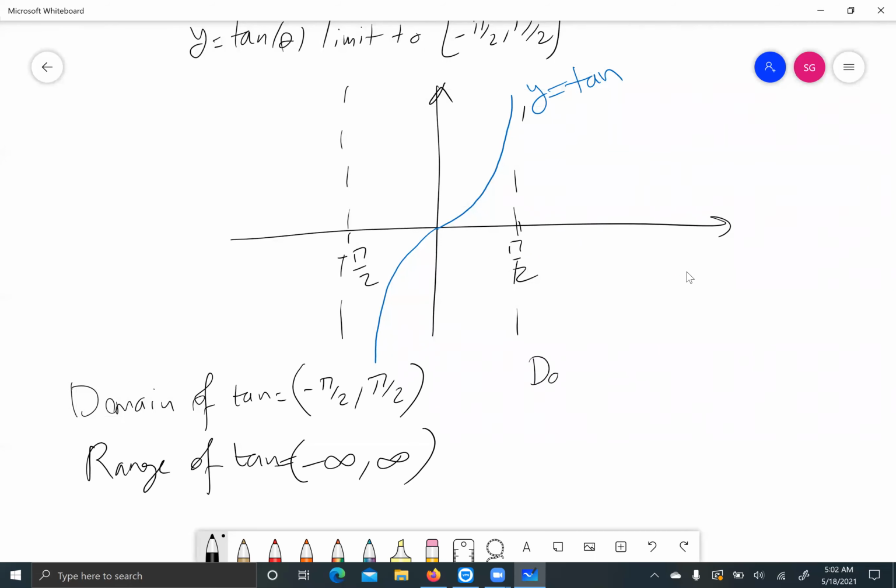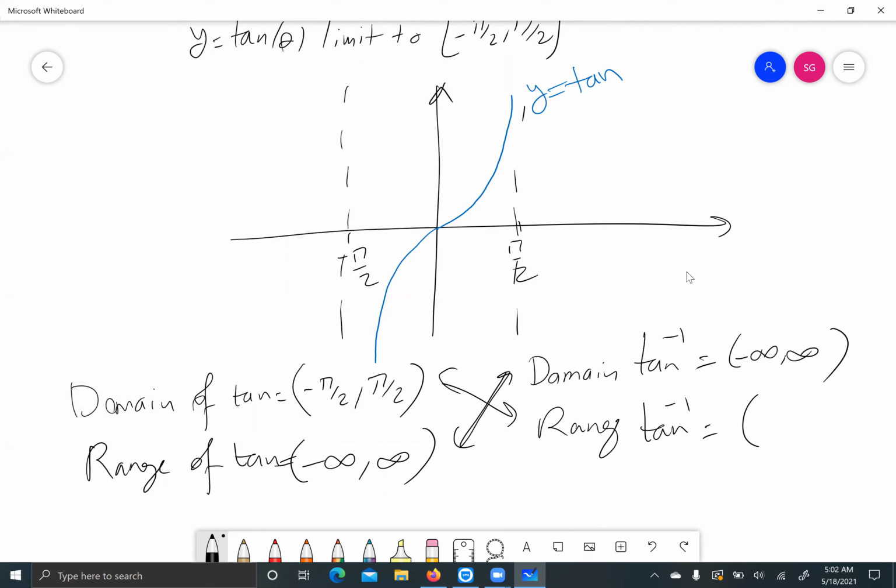Now, to find the domain and range of the inverse function, tangent inverse, just switch the domain and range of the original function. So this is going to be everything. So it accepts everything, but it gives us values between negative pi over 2 and pi over 2.